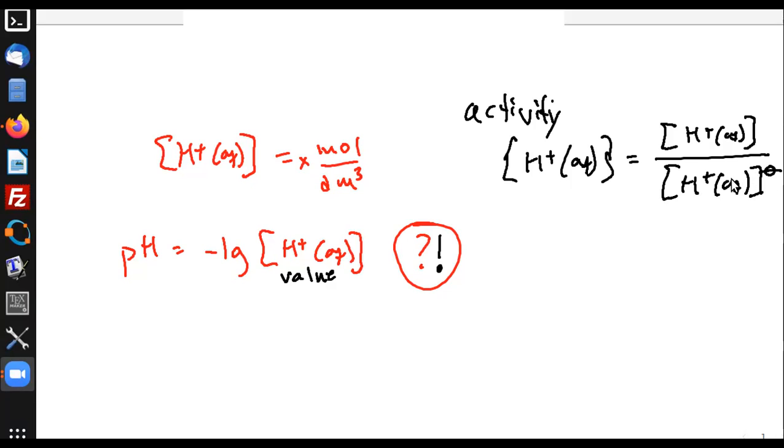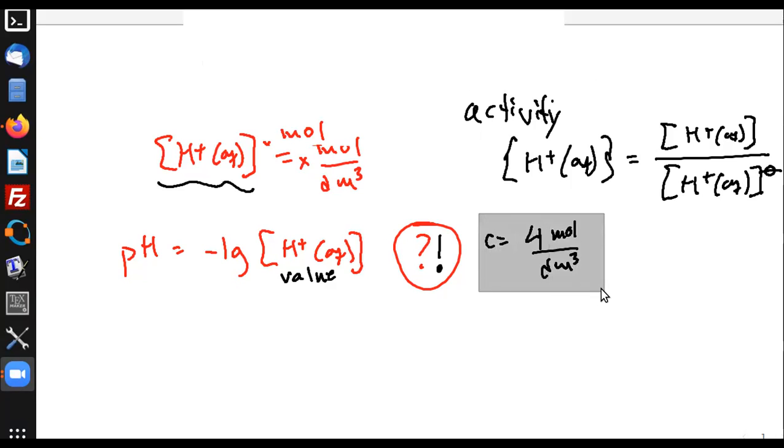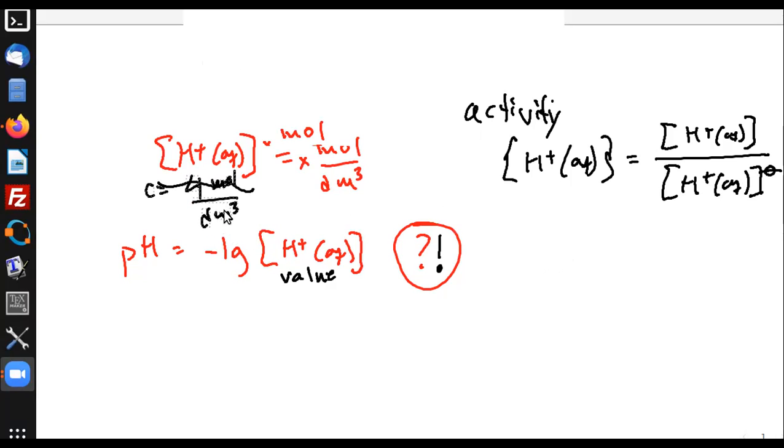So suppose the concentration is 4 moles per cubic decimeter of hydrogen ions, for example. Sorry, we should of course write it below here.